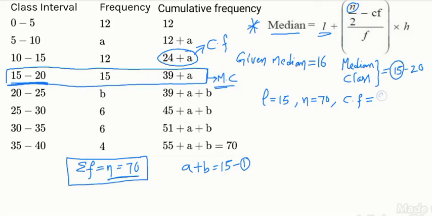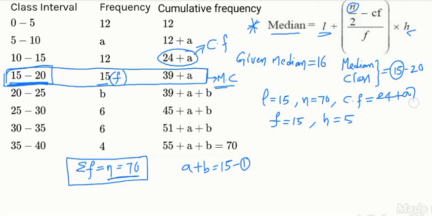So CF is equal to 24 plus A. Next, F means frequency of the median class, which is nothing but 15. So F is 15. H is class size. So the median class is 15 to 20, so the size is nothing but 5. Upper limit minus lower limit will give you the size.